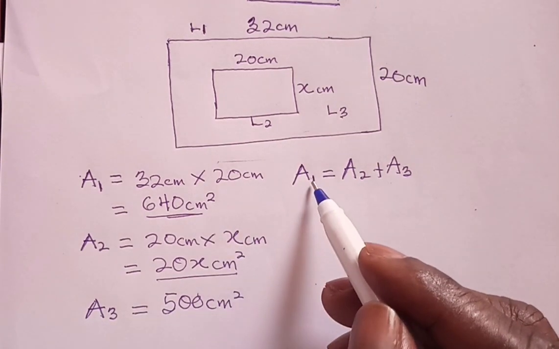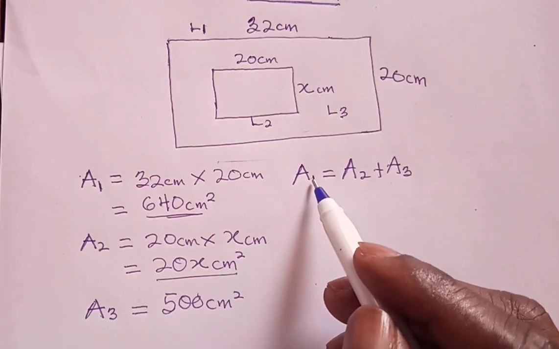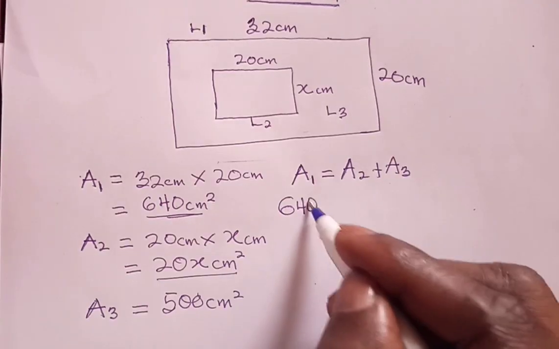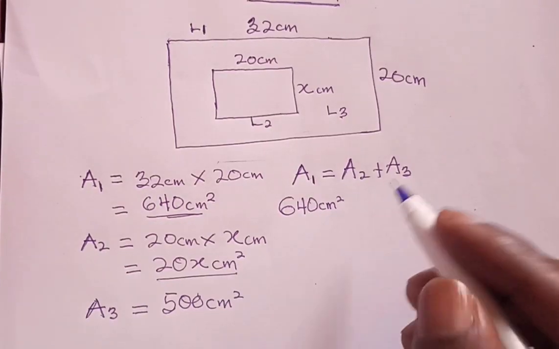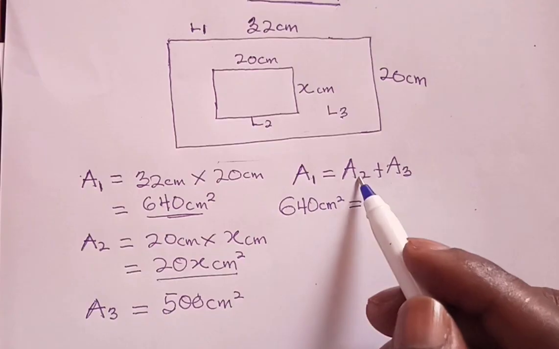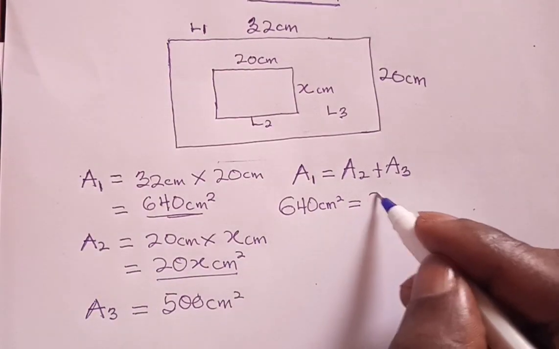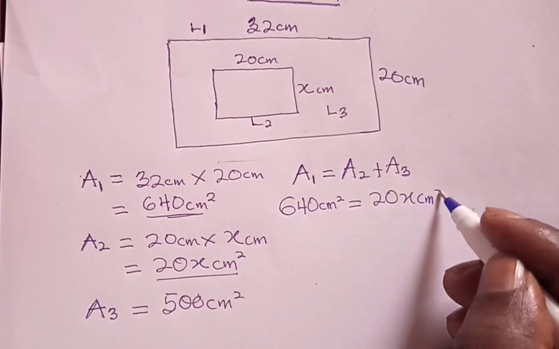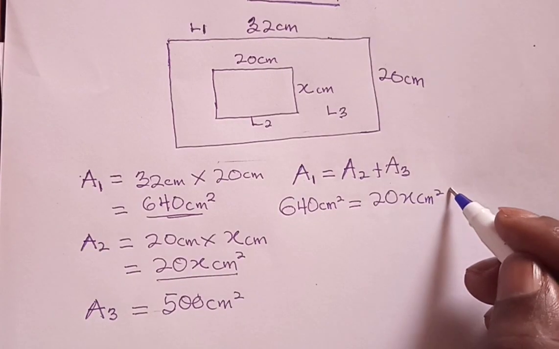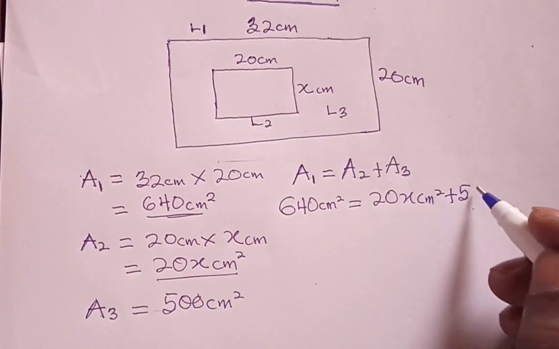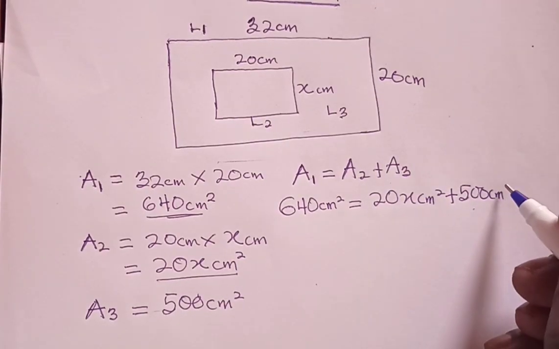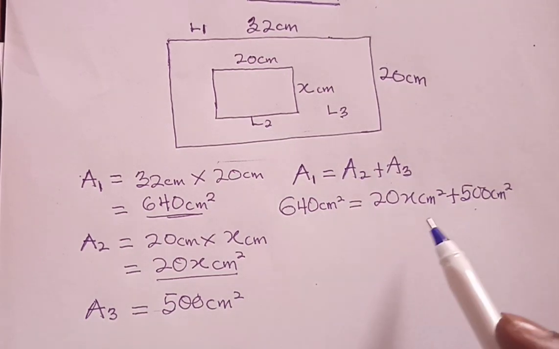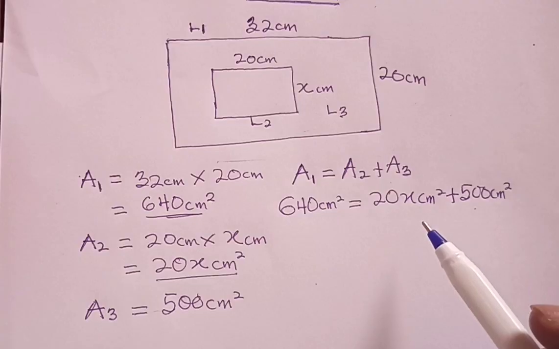So the area of the whole plot, the total area, gives me 640 centimeters squared is equal to area 2, that is what we got, 20x centimeters squared, and the area for plot 3 also gives me 500 centimeters squared. Good. So once we have this, then I think we can do some grouping of like terms.